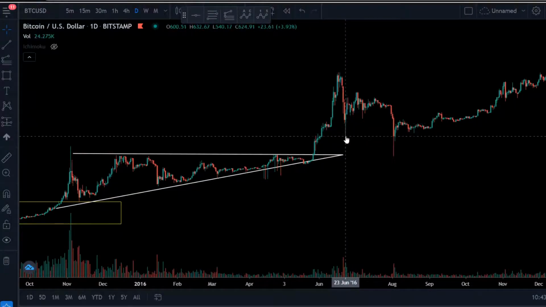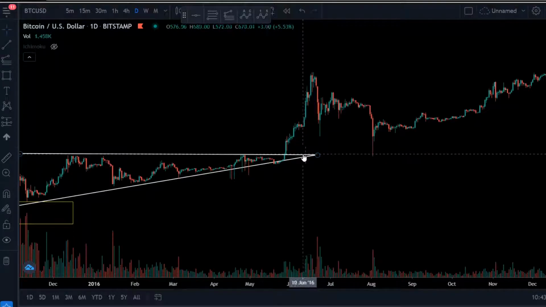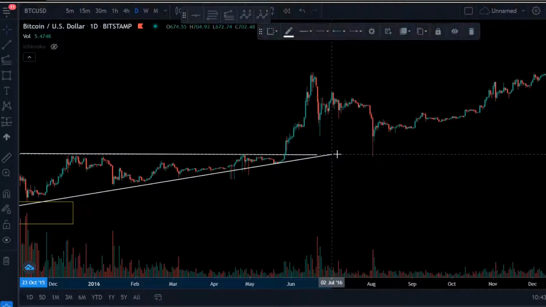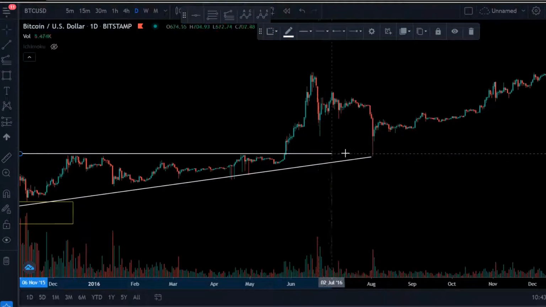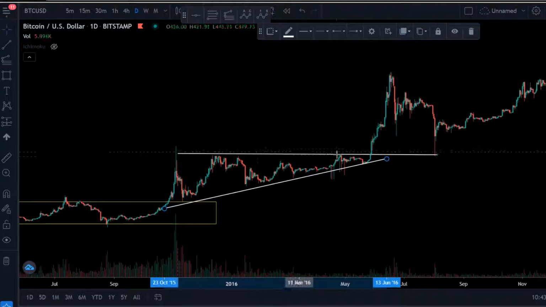Then a huge dip, didn't retrace quite to the resistance turn support at first, but you can see what happened later. It retraced all the way back to the top of the triangle, resistance turn support, check number 2. You can see how it's working.